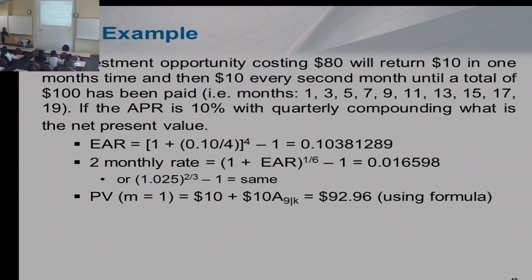So if I work out the present value at month equals 1, I've got $100 in month 1, then $100 per period, annuity factor, for 9 periods at this rate K, which is the 2-monthly rate. Call this rate here K.